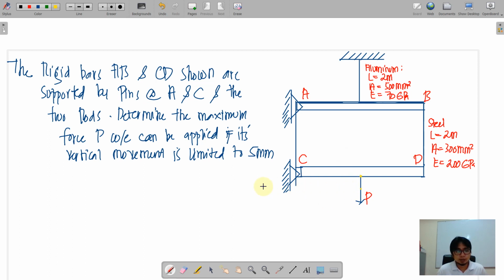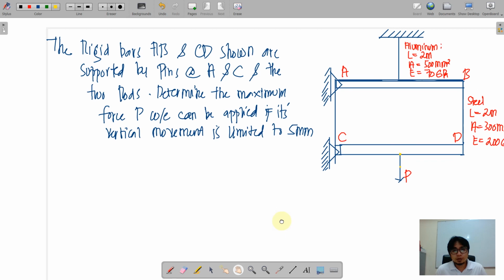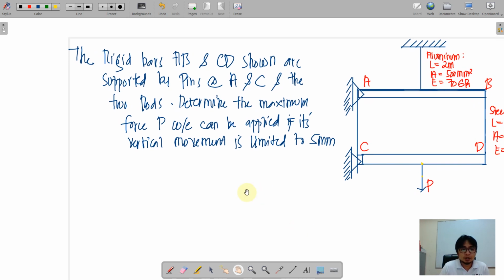To do this, we will employ the formula delta is equal to PL over AE.